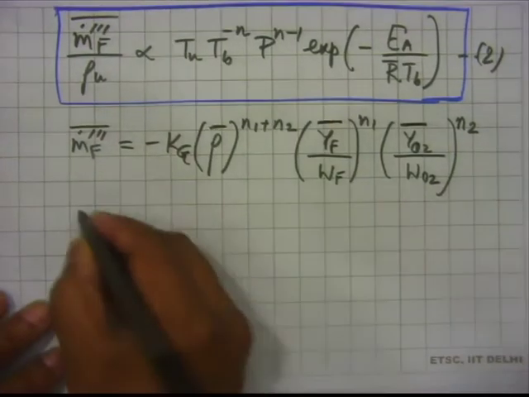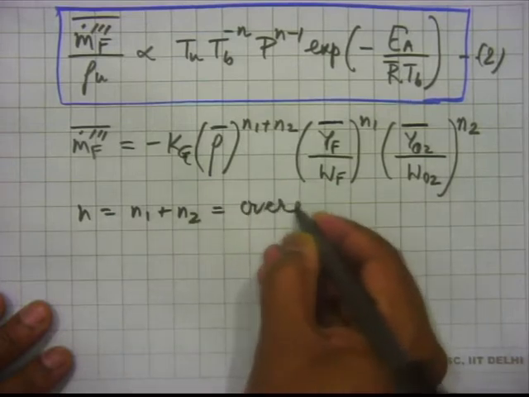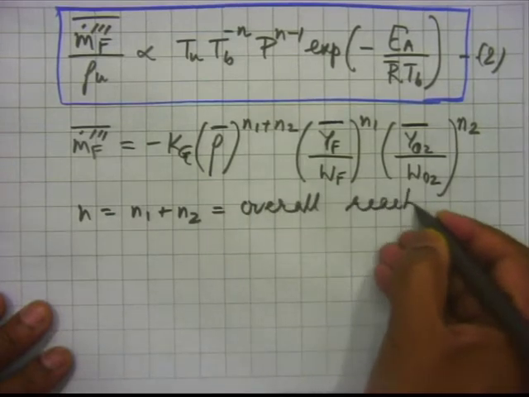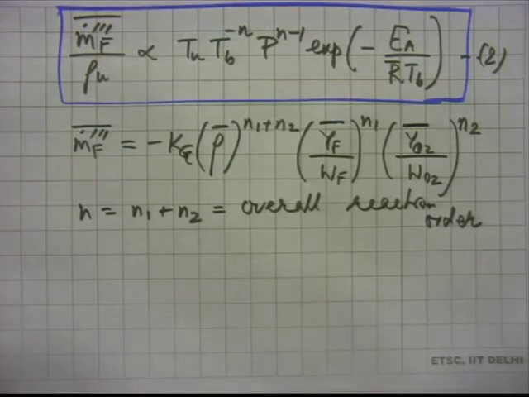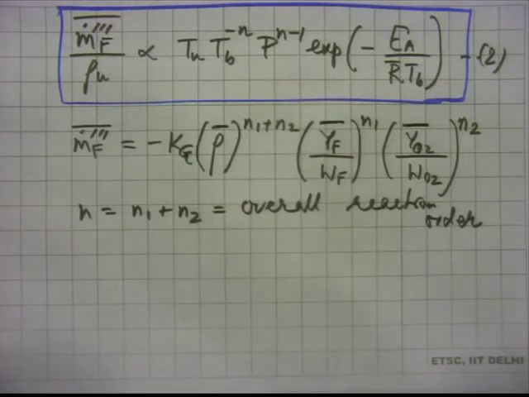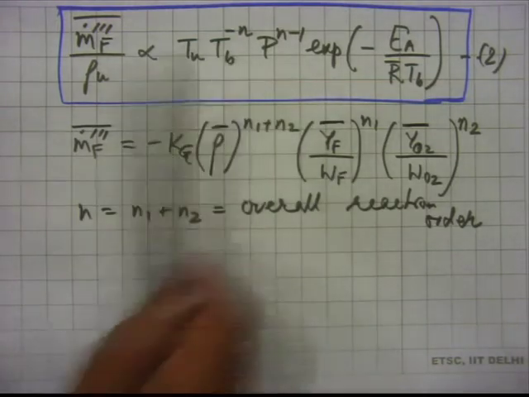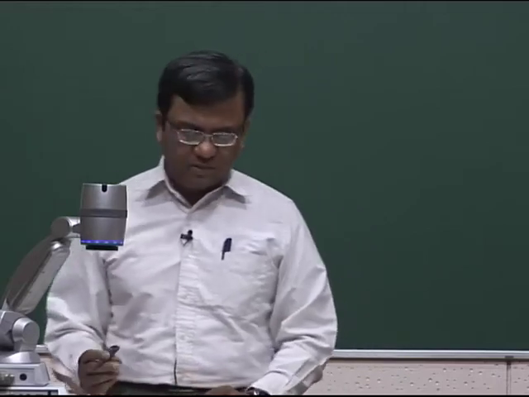So N equal to N1 plus N2 is the overall reaction order. What is the purpose? We want to bring in pressure and temperature, correct? If you look at number 2, that is what has been achieved by replacing various things in terms of pressure and temperature. So, we will have to do the same thing again.